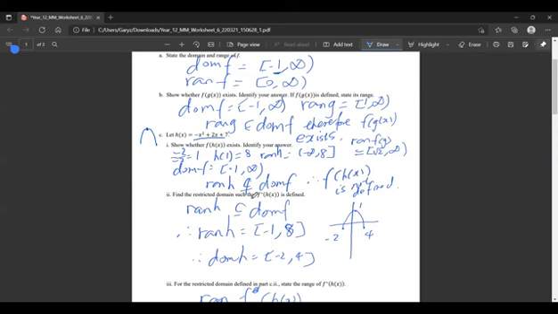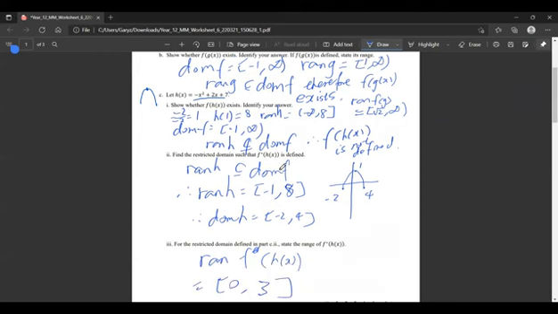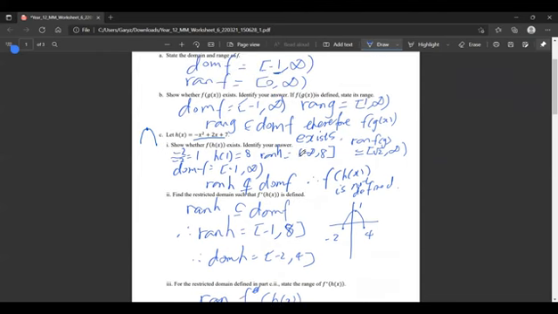Of course, the next question asks us to restrict the domain such that it is defined. Since the range of h is from -infinity to 8, for the range of h to be a subset of the domain of f, we have to restrict the range of h to -1 to 8. So now we just have to find the values of x so that h of x is within -1 to 8.